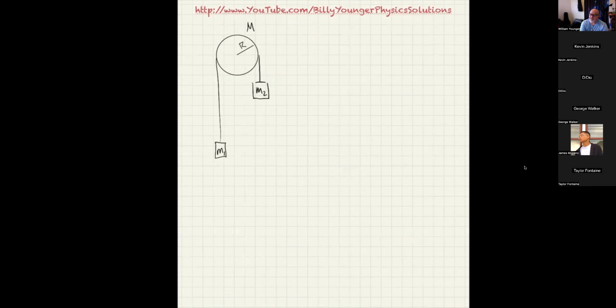So m1 thinks it has a tension on the left-hand side that's pulling it up as well. So that's how you're getting those two tensions. But in fact, the two tensions have to be different, because the tension that m2 is feeling is big enough to not only lift m1 up, but it's also big enough to rotate the cylinder. So we're going to have different actual tensions.